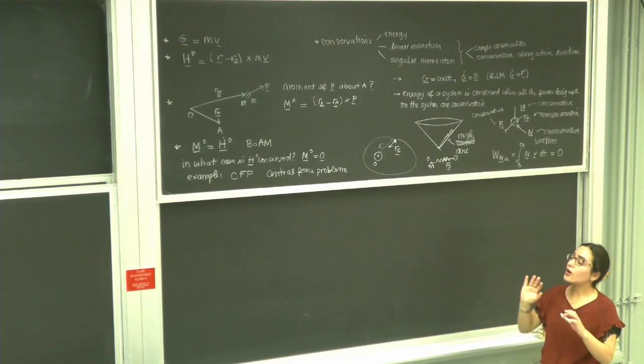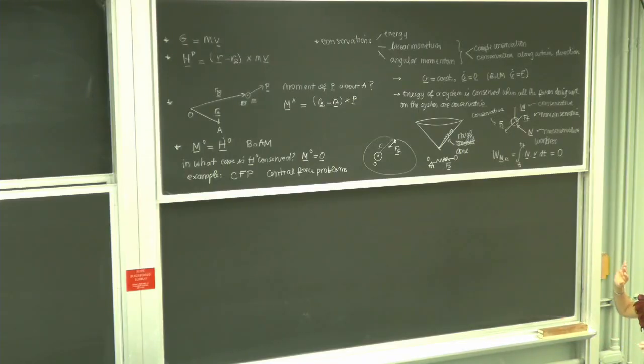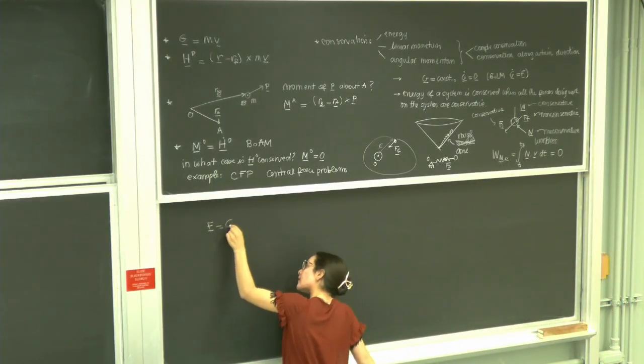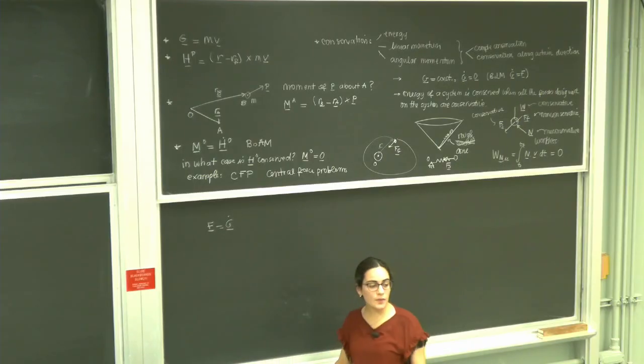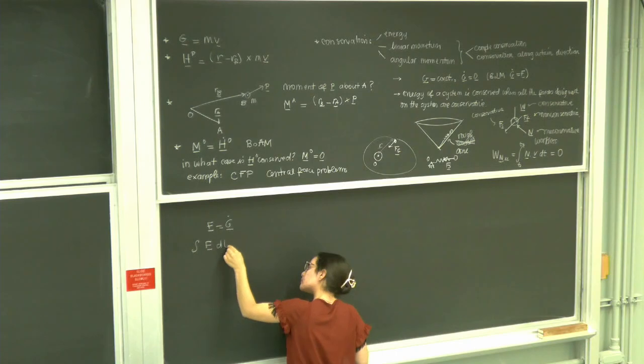So we talked about all of these balance laws. Remember, F is equal to G dot, the balance of linear momentum. We can integrate this with respect to time. What do we call this equation?